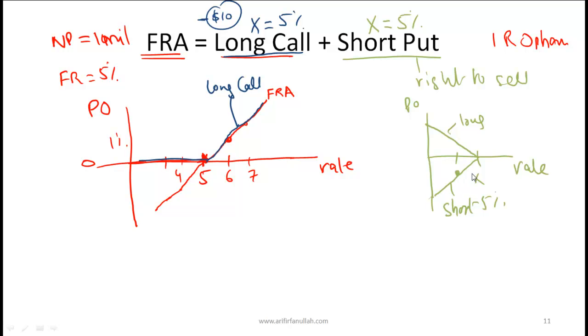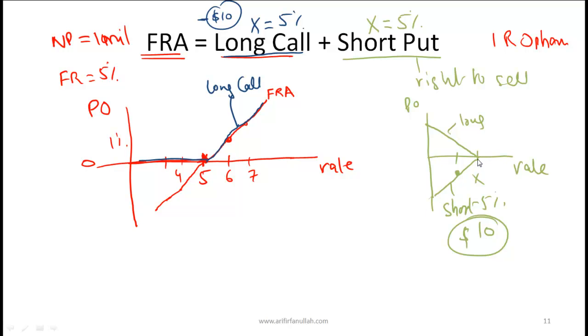But why would the short position get into this state? He would get into this state because to sell you the put option, the short must have charged you a premium. And let's say that he charges you a premium of $10. So the short party sold you the put option and charged you a premium of $10, hoping that interest rates will go up. But it turns out that interest rates go down, in which case the short loses.